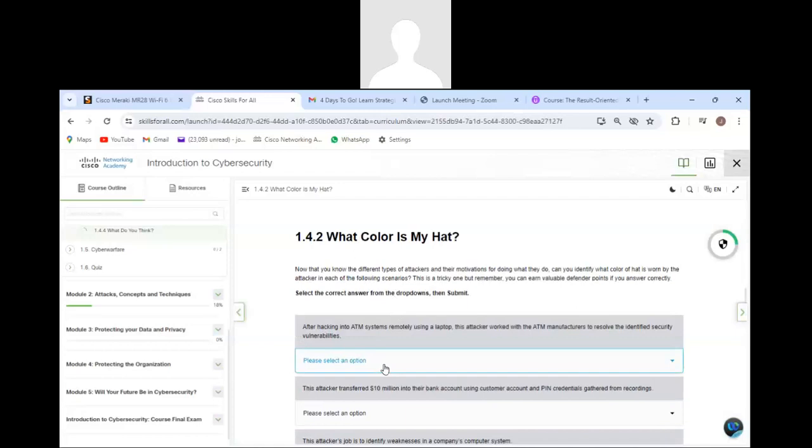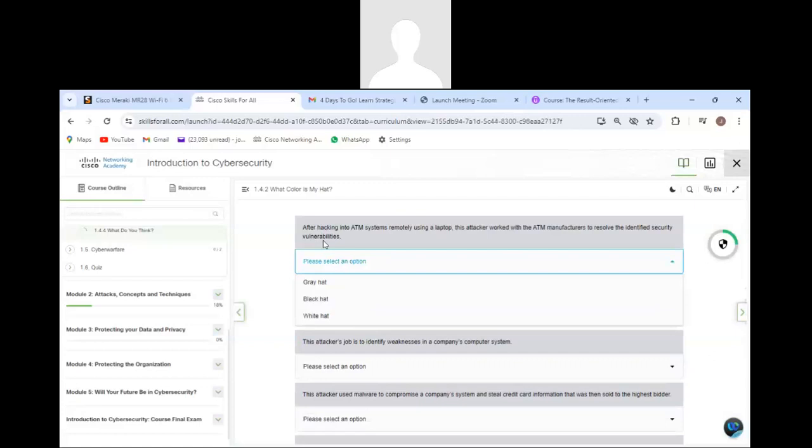What color is my heart? For example, after hacking into an ATM system remotely using a laptop, this attacker worked with the ATM manufacturers to resolve the identified security vulnerabilities. Is it a gray hat, black hat, or white hat hacker?